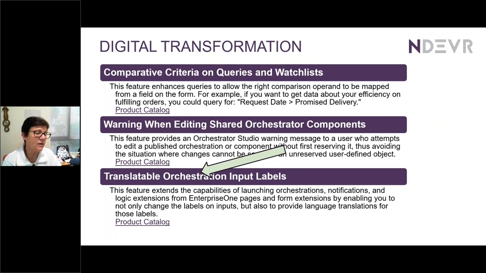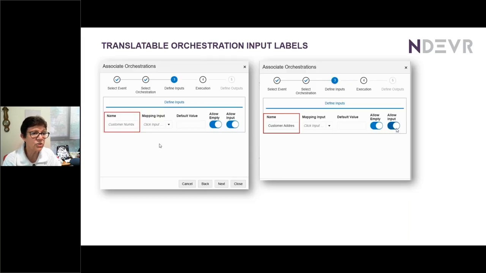Then also in orchestrations, when you launch an orchestration or a notification from a form, you can already change the name. So if it says customer number on the actual orchestration, you can change it for this application to say customer address, supplier number, whatever is appropriate.